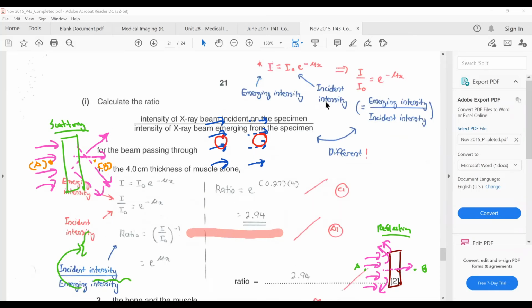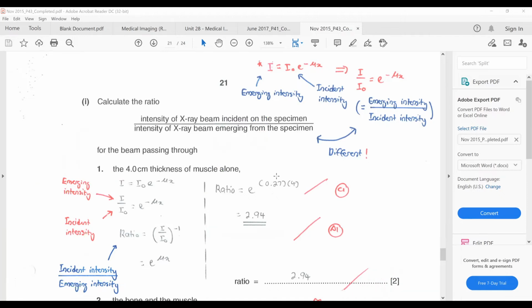Okay, this question here, you need to be careful a bit. They ask you to find the ratio of the intensity of the X-ray beam incident on the specimen to the intensity of the X-ray beam emerging from the specimen. Now the one that I wrote for you just now was this one.